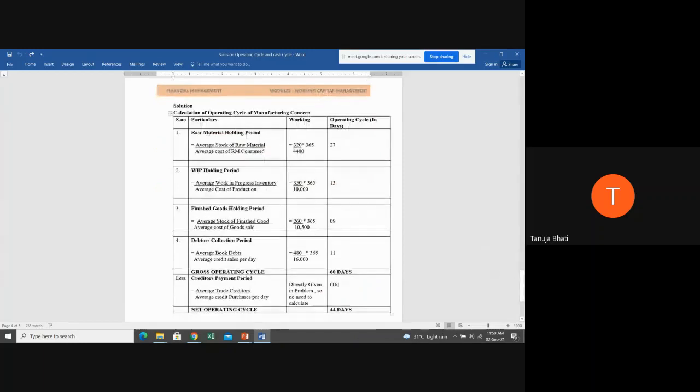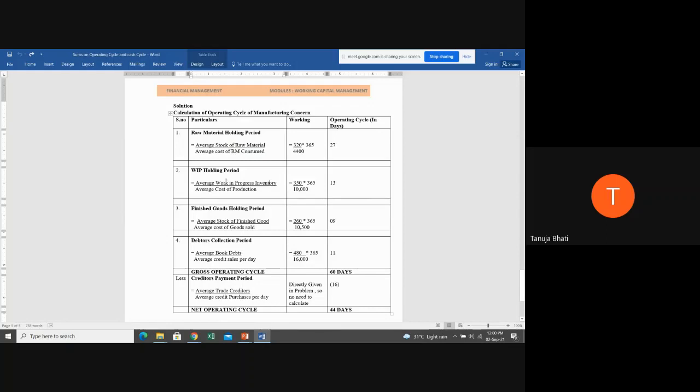First, the raw materials conversion period is also called the holding period. It is average stock of raw material divided by average cost of raw material consumed. The details are already given in the problem, that is 320 divided by 4400 into 365, because the period covered is given.